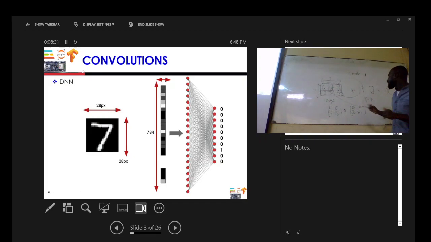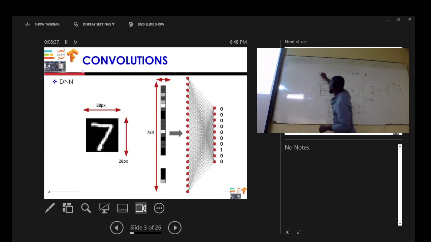Right? So it means that all I've done is if I have a 3 by 3 input matrix, right? And then I have a 2 by 2 filter, right? My output will be 3 minus 2 plus 1, and then 3 minus 2 plus 1.